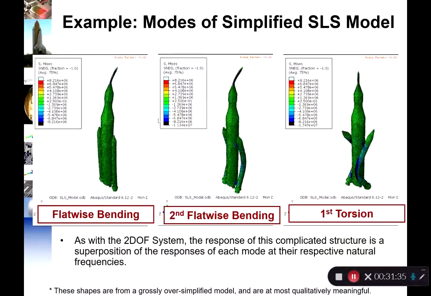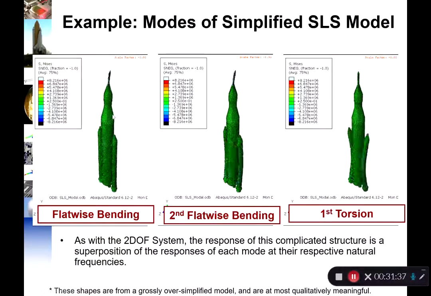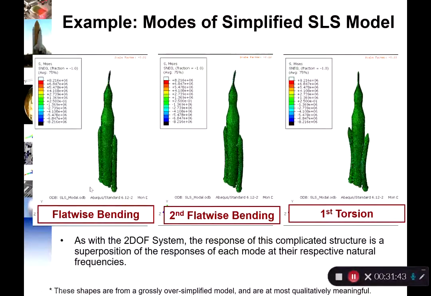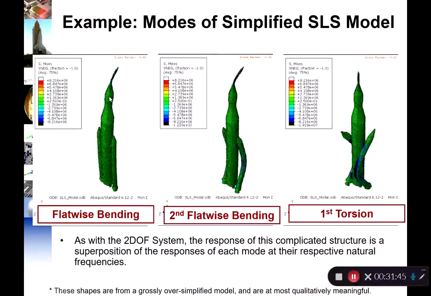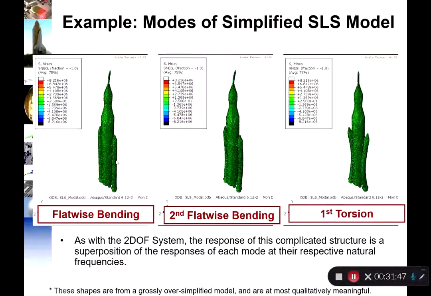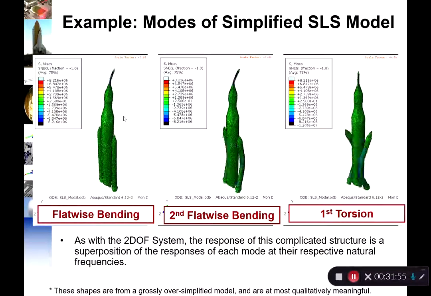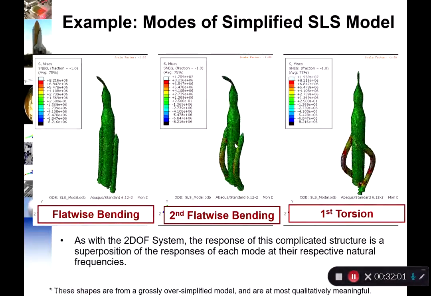And I should give a disclaimer, this isn't a real finite element model. This is just something we threw together to look like the Space Launch System. It has none of the actual complexity. This is basically just hollow metal shells with about the right shape. But anyway, this does give you kind of a qualitative idea of what the modes of a rocket might look like. So this is the first mode, second mode, a torsion mode.